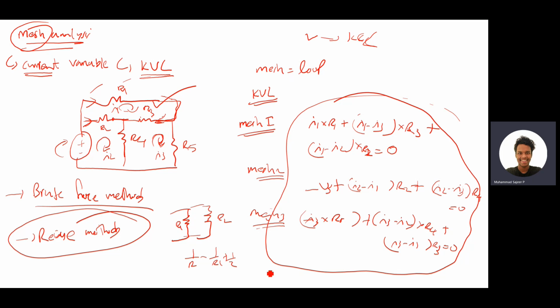We directly write in the equation itself that R1 is parallel to R2. So we can see this is parallel and this is parallel, and if we change it like this, it will happen. That kind of feeling, that insight, we will get. So that's the reuse method. That is not that important.